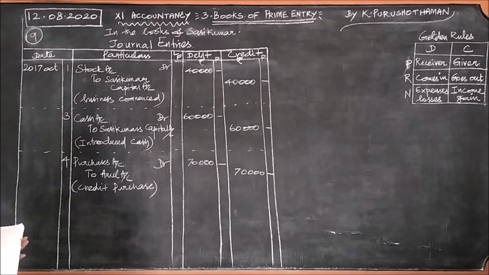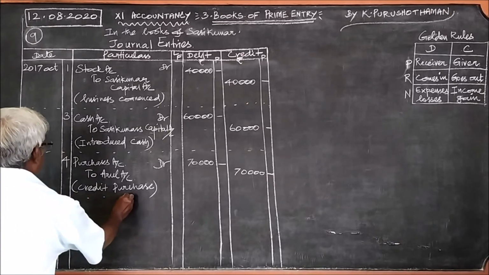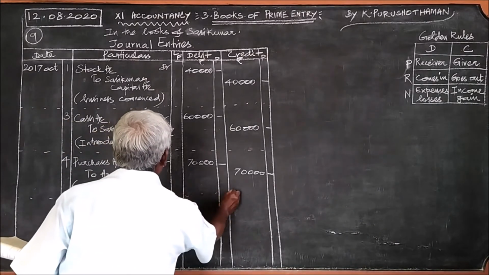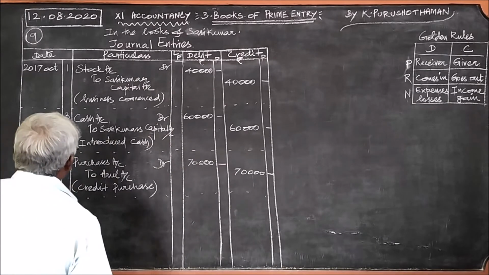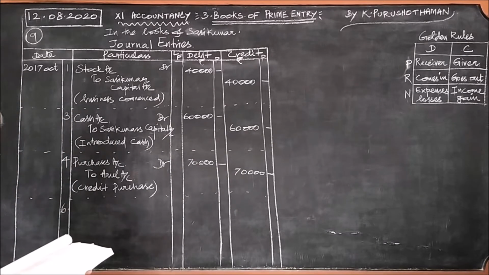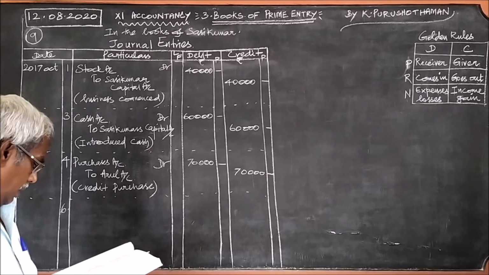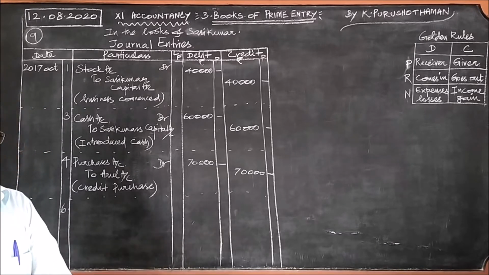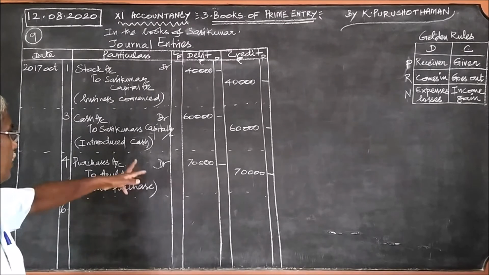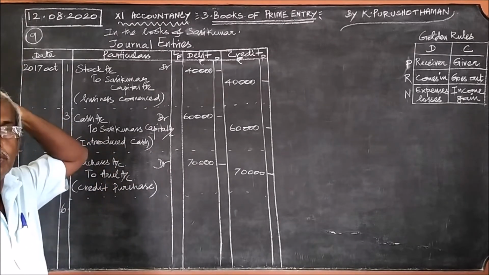Then on 6th after 4th, leave a line gap. On 6th what happens? Returned goods to Arul valued 10,000. We bought goods from Arul first.